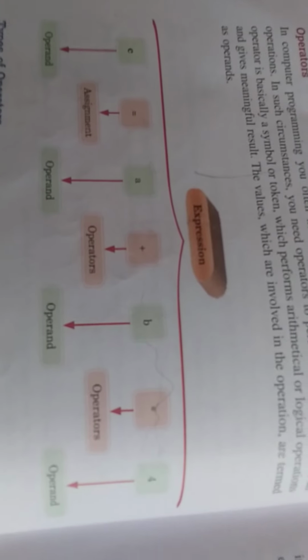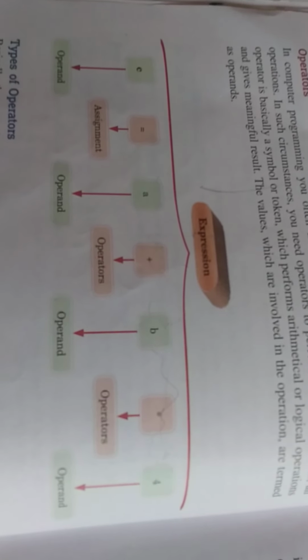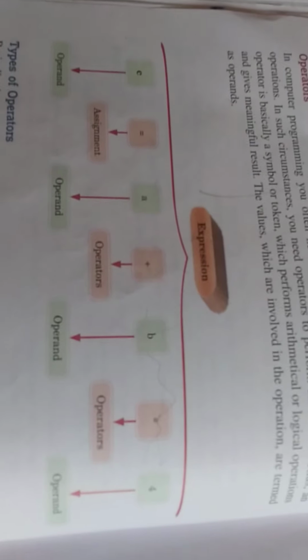We all do mathematics, isn't it? We have mathematics as a subject, so we write down expressions such as C is equal to A plus B into 4. This is known as an expression. In this expression, C, A, B and 4 are known as the operands, whereas equals to, plus, into are known as operators.